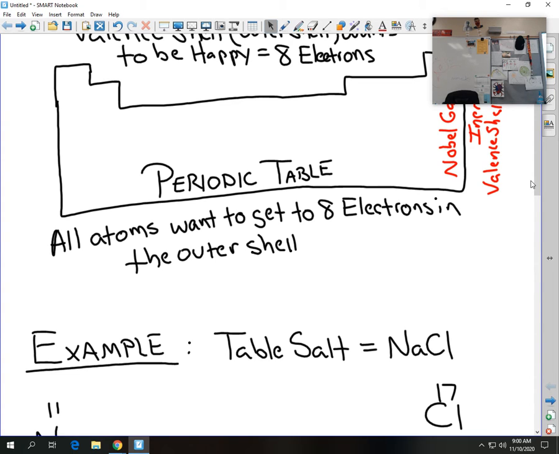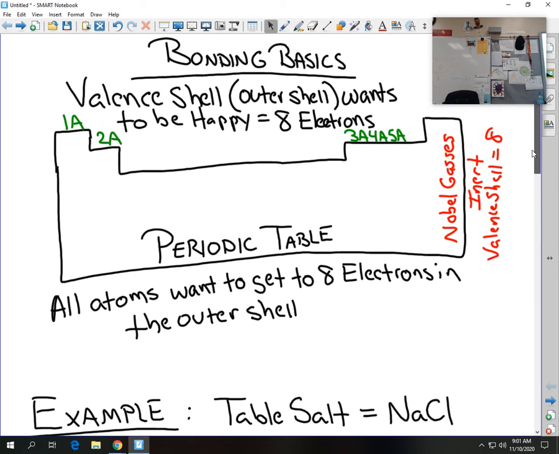So one thing that you guys need to remember is those outer shell, the valence electrons, you should already know how many electrons are there. If you're in the first group, there's the number 1A, and this one has 2A. And then you come over here and we got 3A, 4A, 5A. And when you get to the noble gases, it's 8A.